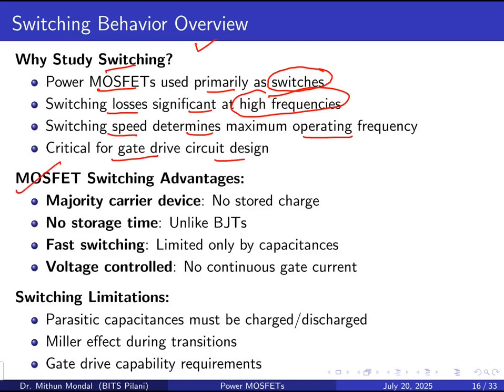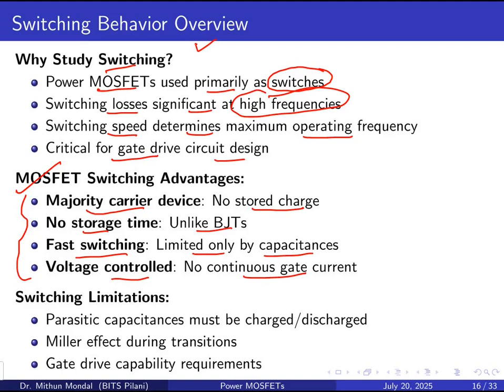When we talk about the MOSFET switching advantages, majority carrier devices will have no stored charges, since they have no storage time unlike the BJTs. Moreover, they have fast switching, which is limited only by the capacitances. They are voltage controlled, so no continuous gate current will be there.